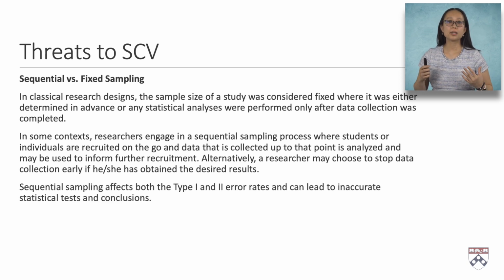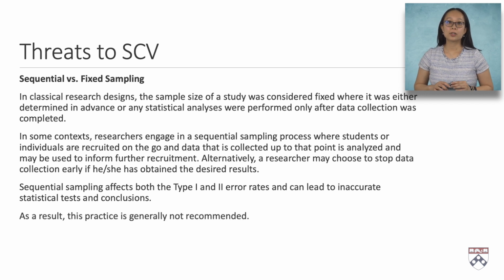And in general, sequential sampling, which refers to the two examples that I just gave, in which the recruitment of students is an ongoing process, or the researcher decides to stop the study early, both affect the type 1 and type 2 error rates, and more importantly, they can lead to inaccurate statistical tests and conclusions.